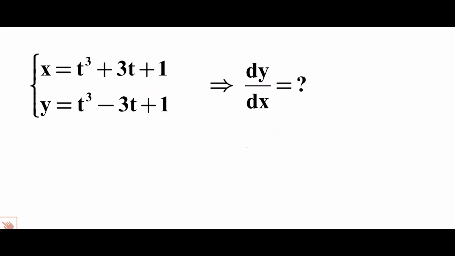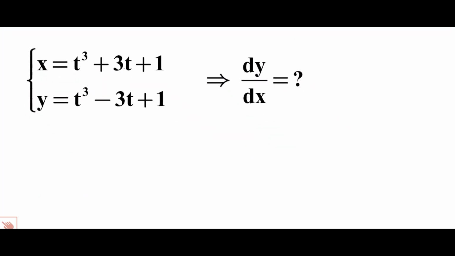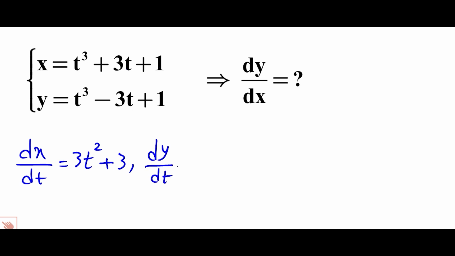Number 3, x equals t cubed plus 3t plus 1 and y equals t cubed minus 3t plus 1. We're gonna find dy/dx. First, dx/dt: the derivative of this expression with respect to t is 3t squared plus 3, and the derivative of y with respect to t is 3t squared minus 3.